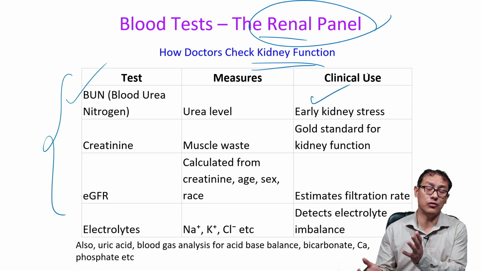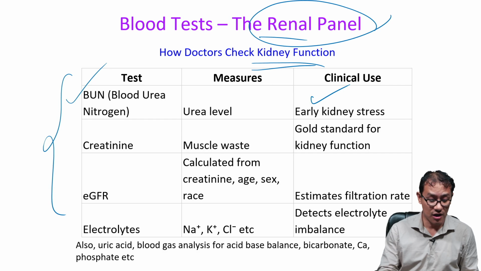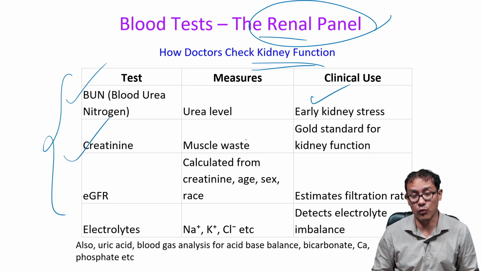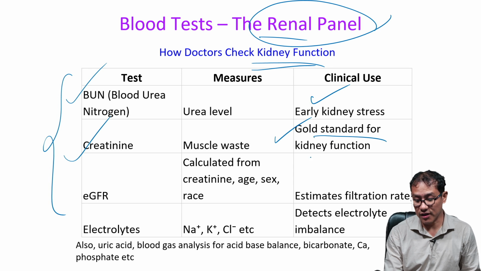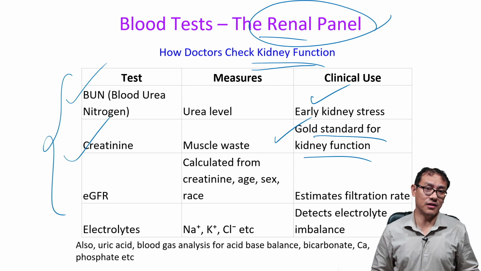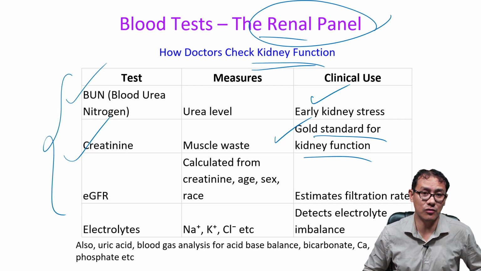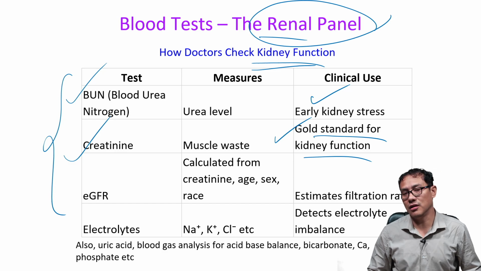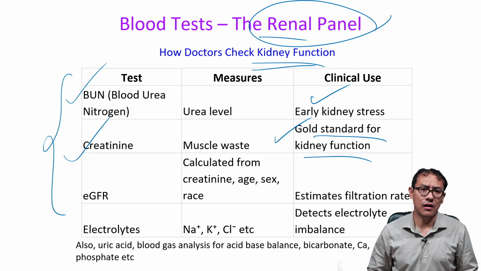Creatinine is important, a waste product of muscle, and the gold standard for kidney function, because, as I have already told you, the clearance of creatinine may predict the GFR, and GFR is an important function of the kidney. So by just measuring the plasma creatinine, you can predict many things.